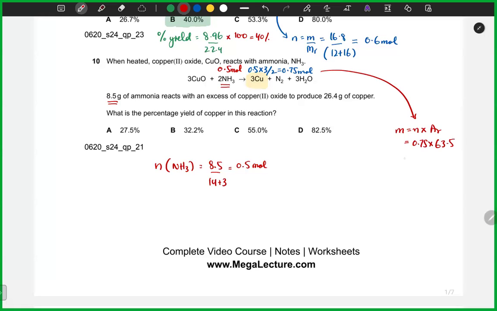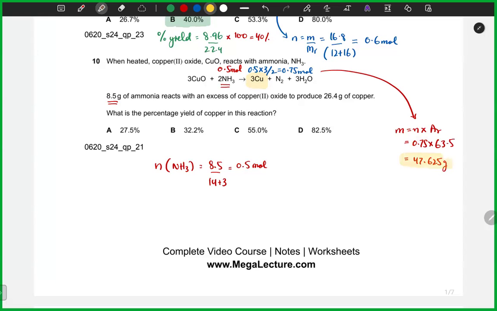So that gives me 47.625. I'm not really sure, are they taking 63.5 or are they taking 64? If I take 64 I'm going to get exactly 48, so I suspect the AR of copper is taken as 64.